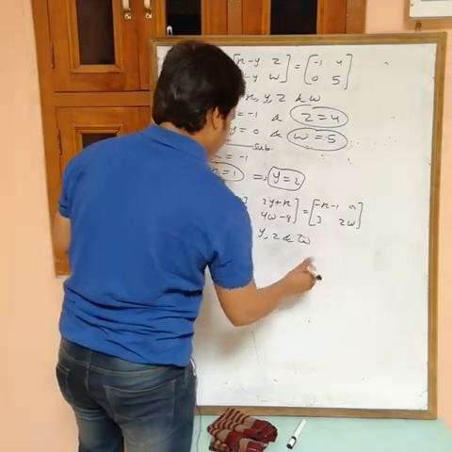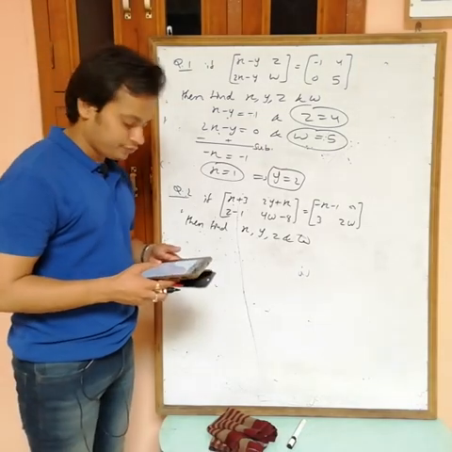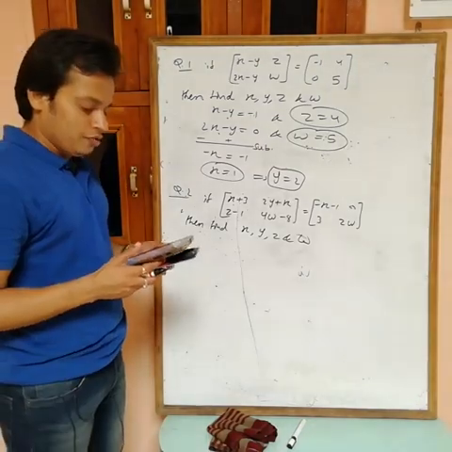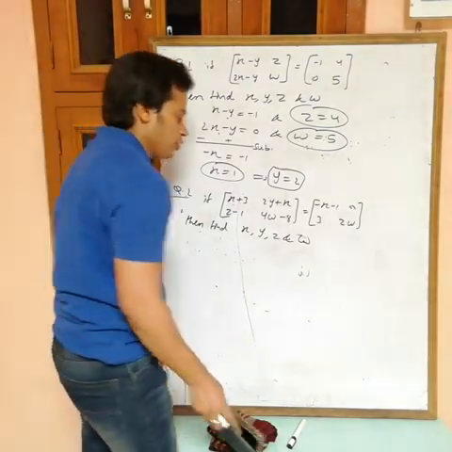Just try. You will get the answer as x equals minus 2, y equals 1, z equals 4 and w equals 4.